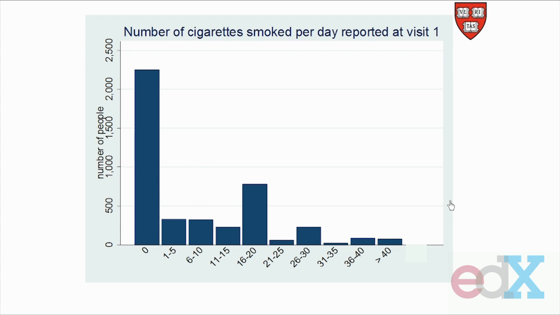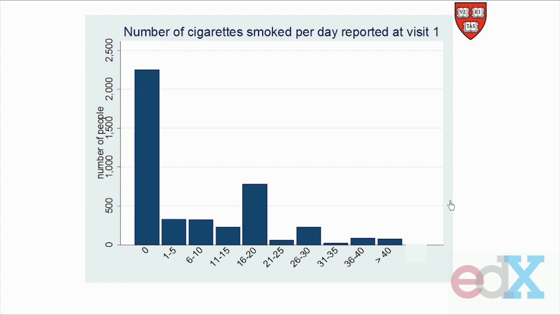Now, let's take a look at our number of cigarettes smoked per day. And there it is. There is a bar chart, if you will, of the variable in question. Now, how are you going to describe this variable with a single number to describe the center of this?